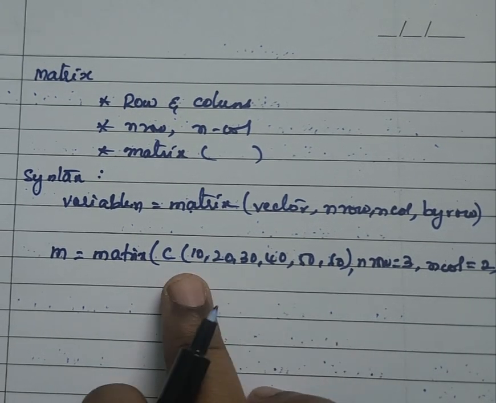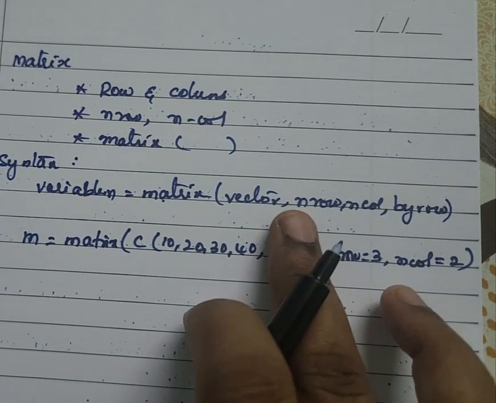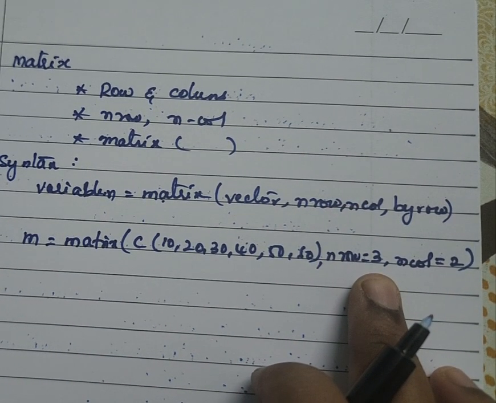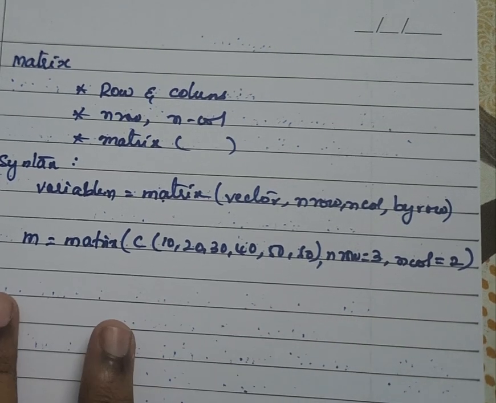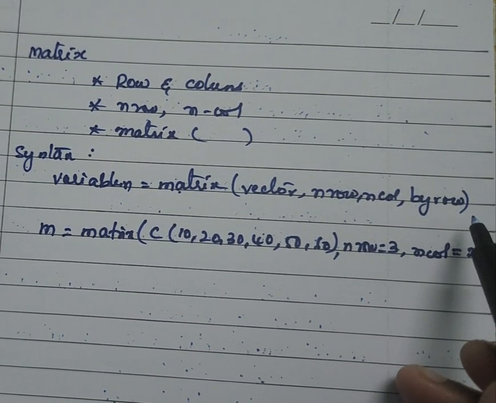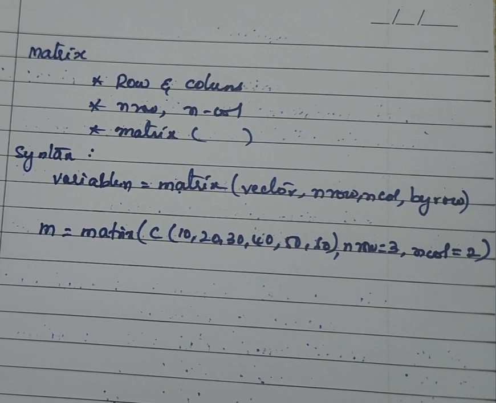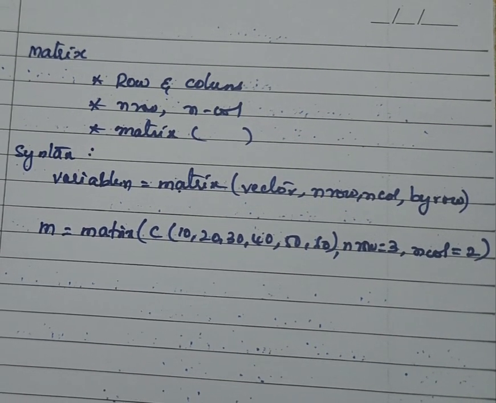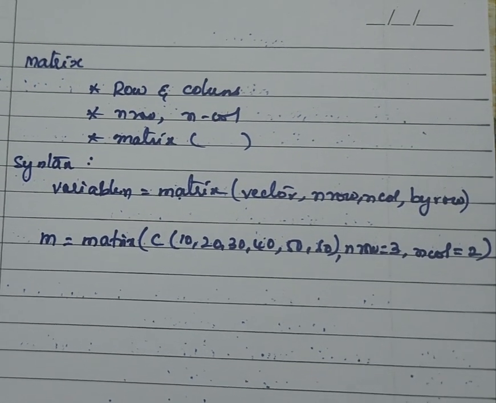These are the numbers which we are going to have in the matrix, and for n rows we want 3 rows, and n columns is equal to 2. If we add by row, then we can change the rows into columns and columns into rows. So these are the different data structures in R programming.